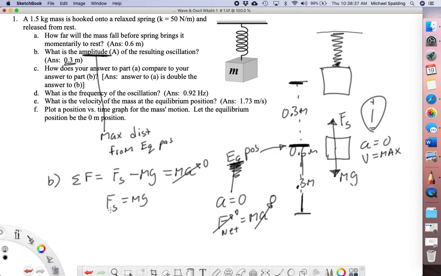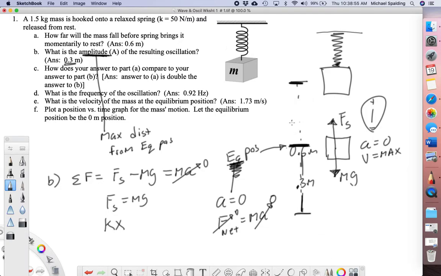Now, the equation for force of spring is k times x, where x, let's just pretend we don't know the answer yet. X is how far the spring was stretched from its starting point. So we have kx, x is how far it stretched, is equal to mg.